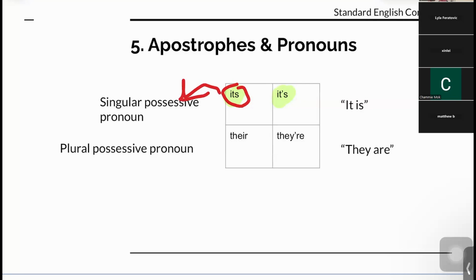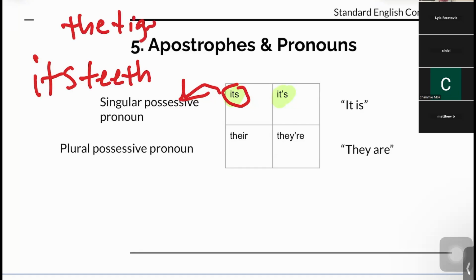So you'd say its teeth if you're referring to, like, the tiger's teeth. ITS, no apostrophe, that's singular and possessive. However, if you have IT apostrophe S, that just means it is. The apostrophe in this case is standing in for the I of the is. It's a contraction. So it is, IT apostrophe S.